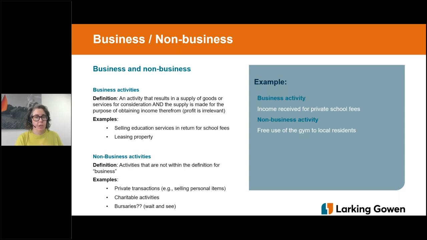That could be in cash or in kind, not necessarily to make a profit. So if you're generating income, even if you're loss making, that is likely to still be a business activity for VAT purposes. So our classic examples will be selling your education services in return for the payment of school fees, or leasing property in return for rent.